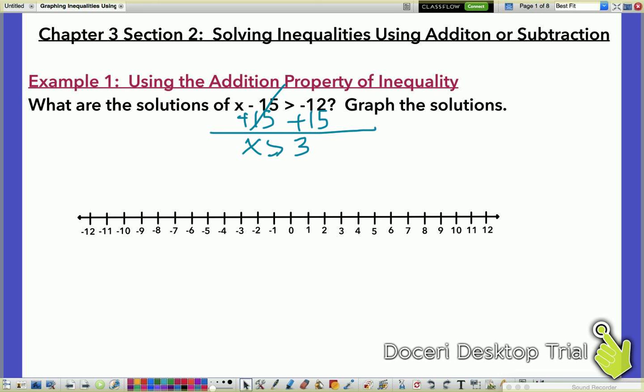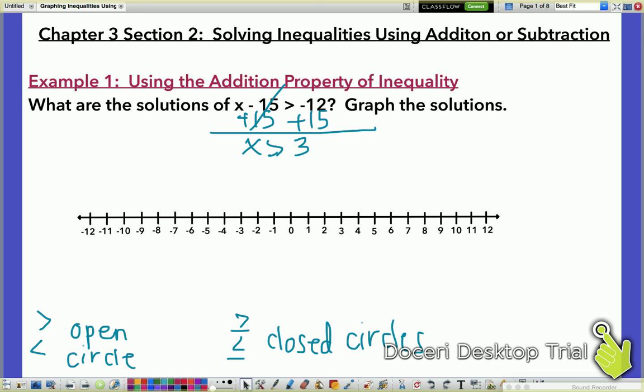3. Okay, so remember, I have a greater sign. Those are the open circles. Okay, when I have greater than or equal, or less than or equal, those are my closed circles.